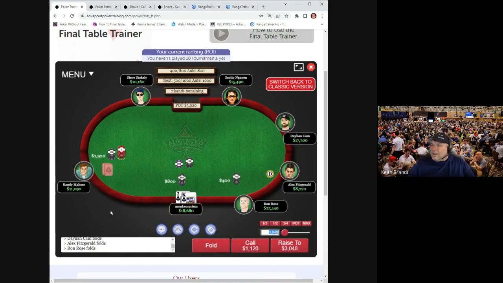Okay, this is like 2.4. He raised from under the gun, and he's got ICM pressure on him, and he still raised. We've got a hand that's easily dominated. What do you think? They're suited, but again, with suited you're hoping for some implied odds, which is not a thing here.